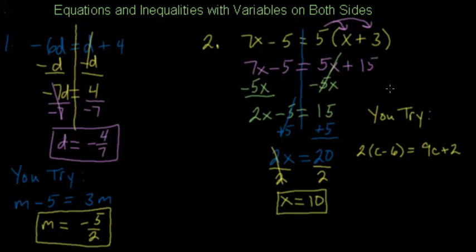Okay, again, now it's your turn to try to solve using these steps. So pause it, solve it, and see if you get the same answer as I get. Okay, so if you're getting the right answers or the same answers, you're ready to move on. All right, if not, again, try again and see if you can find your mistakes or ask for some help.